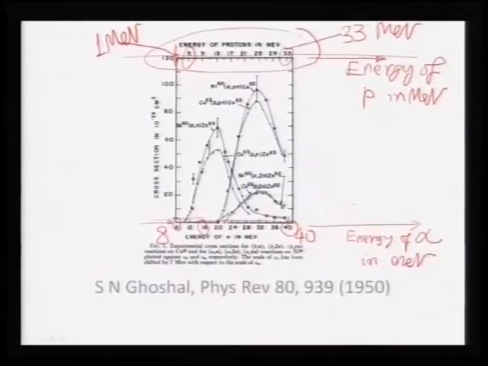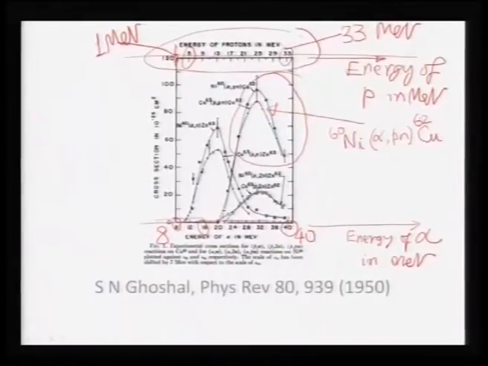Now, look at the diagrams. Look at these two curves here. The upper one is written there, but I do not know whether you will be able to see small letters. This upper one is for the reaction nickel 60, alpha, p n, copper 62.